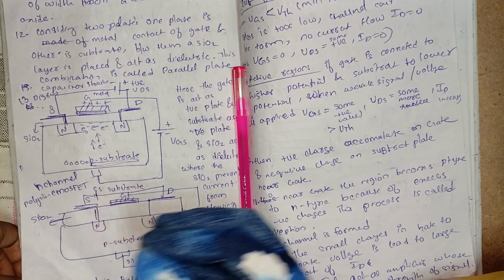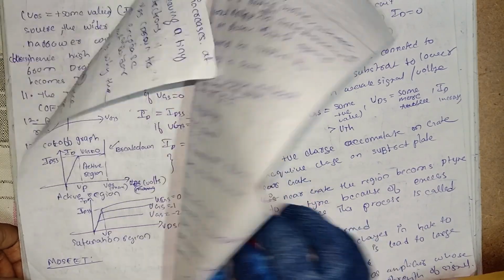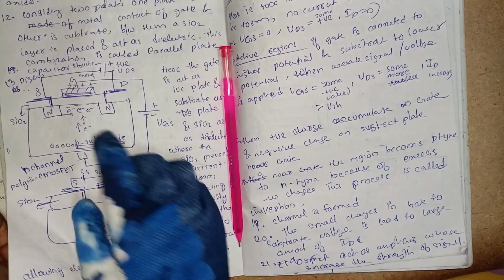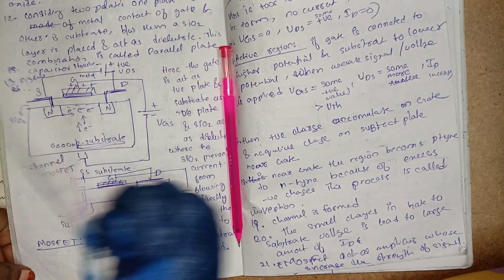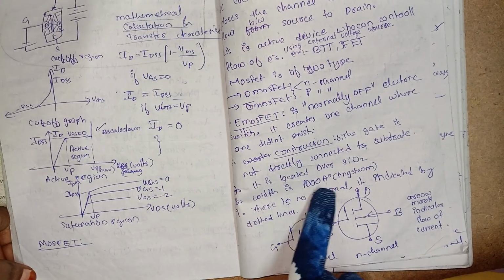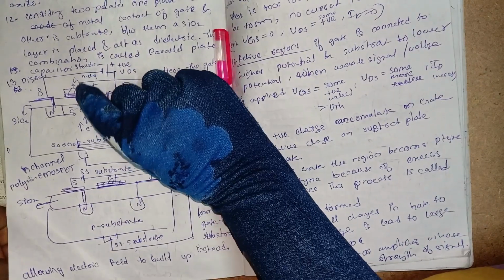So here they are saying the gate is not directly connected to the P substrate, and it is located over silicon dioxide. Here is the silicon dioxide. And its width is 100 angstroms, and width means this width.